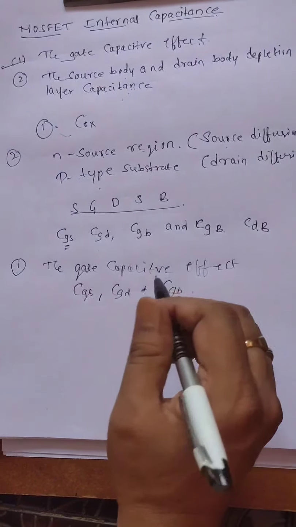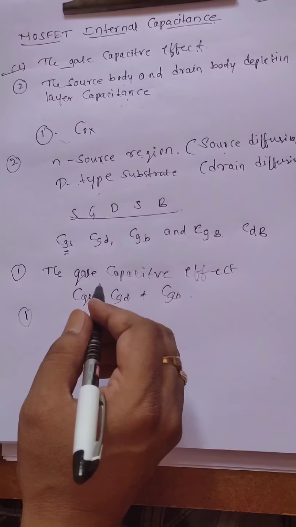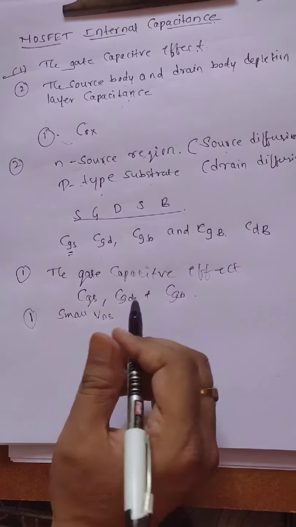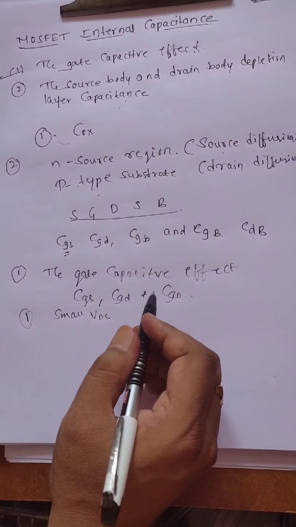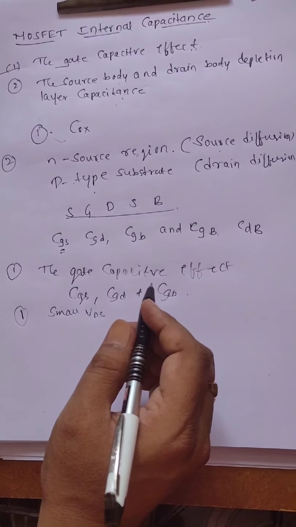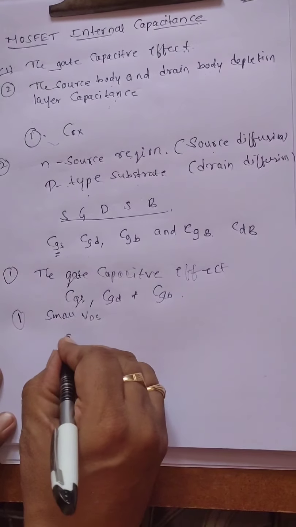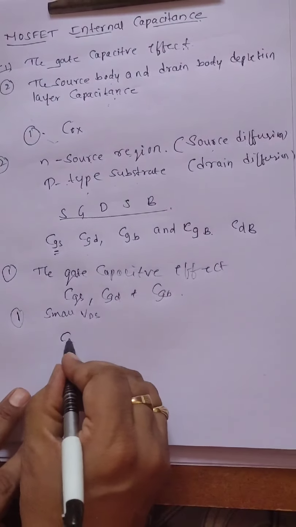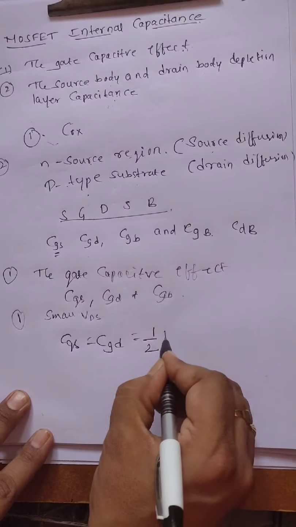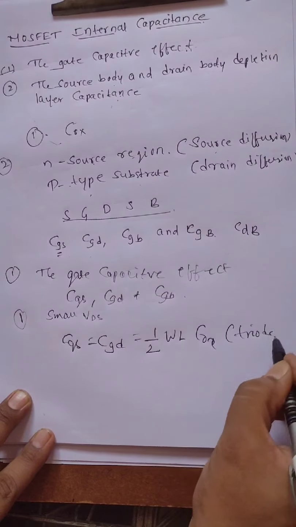When the MOSFET is operating in the triode region at small VDS, the channel will be of uniform depth. The gate channel capacitance will be WLCOX and can be modeled by dividing it equally between the source and drain ends, and thus CGS is equal to CGD, having the value 1/2 WLCOX. This is the triode region operation.